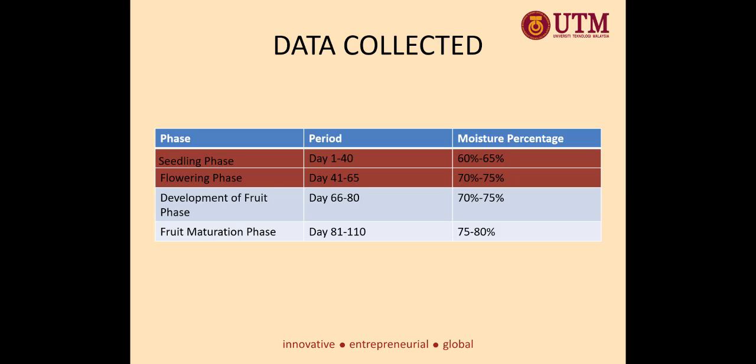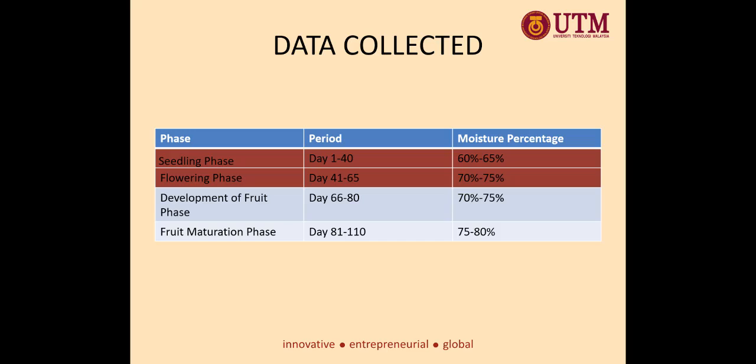So this is the data that has been collected from the stakeholder, where as you can see there are 4 phases of tomato development. The first is the seedling phase, which is between the 1st until the 40th day of the tomato's growth, with an ideal moisture percentage of between 60 to 65%.